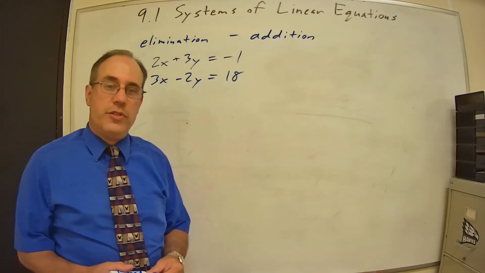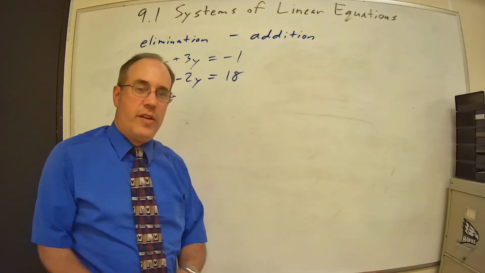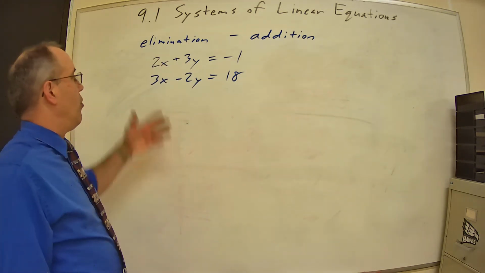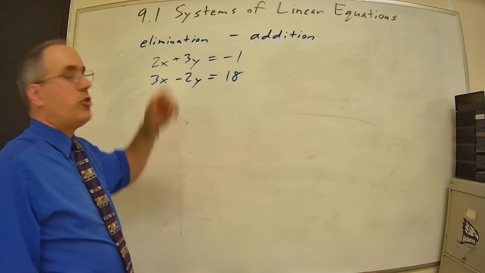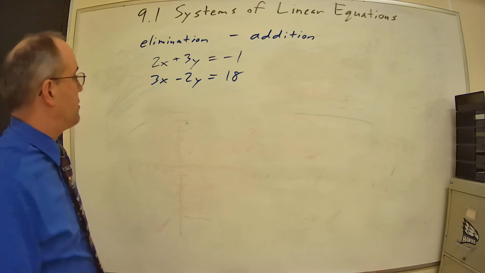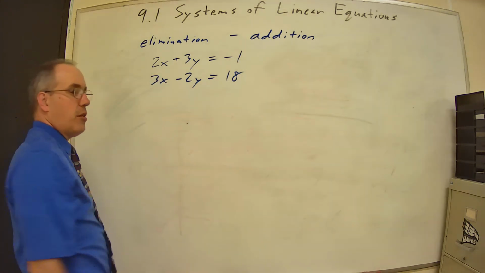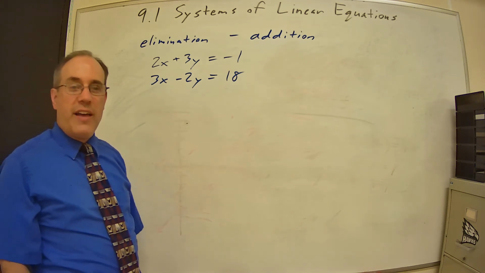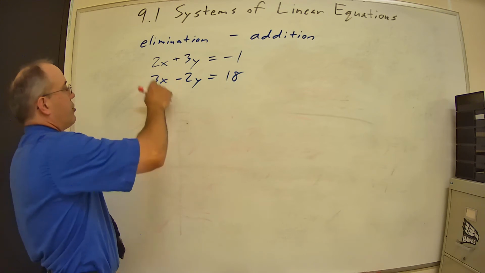So what I'm going to do is force this to have the same or opposite sign coefficients for one of the variables. And I'm going to use x. So I've got 2x in the top equation, I've got 3x in the bottom equation. So I'm going to find the least common multiple of those two coefficients.